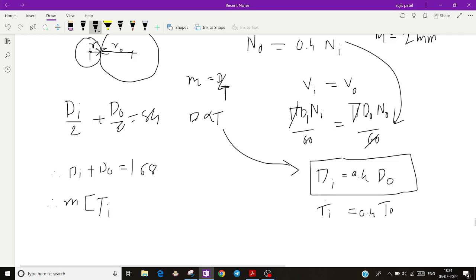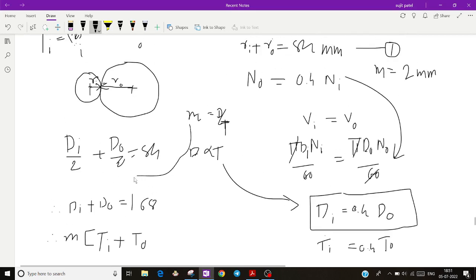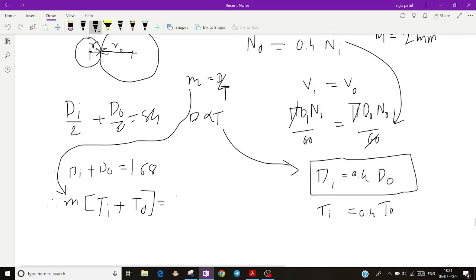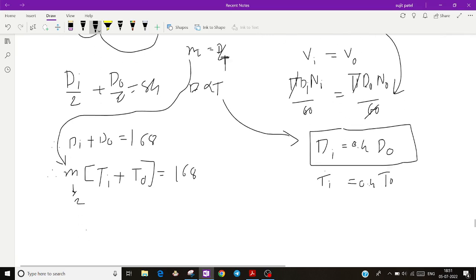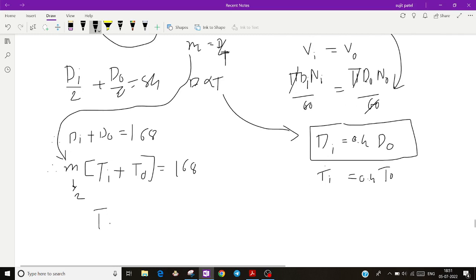So m into Ti plus To is equal to 168, and module is given as 2 mm. Put this in, and we get Ti plus To as 84.